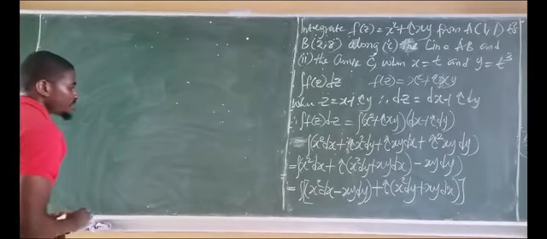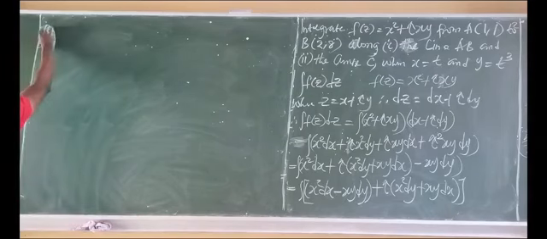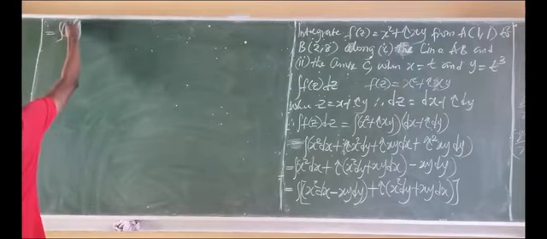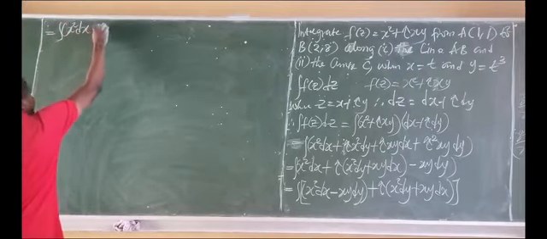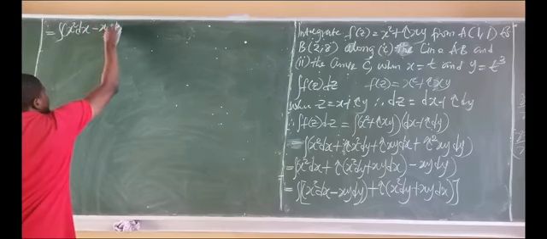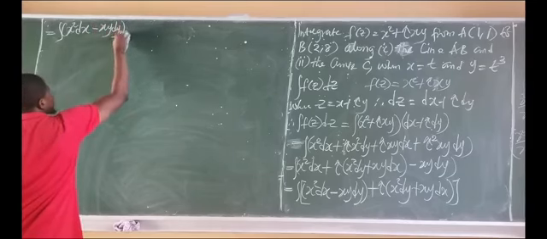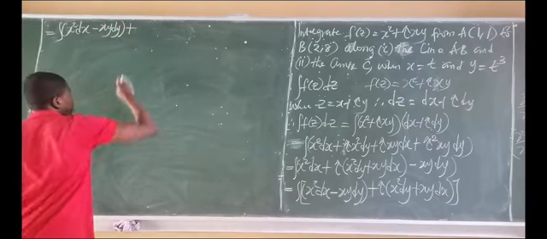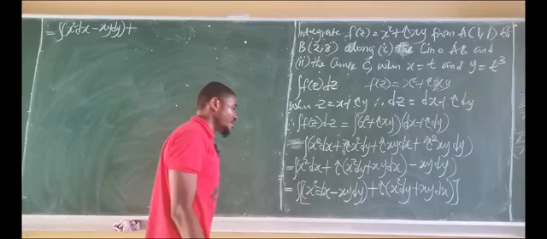That statement simply means that I can actually integrate them individually. It becomes integral of x squared dx minus xy dy, plus, now you have to integrate the imaginary part separately.